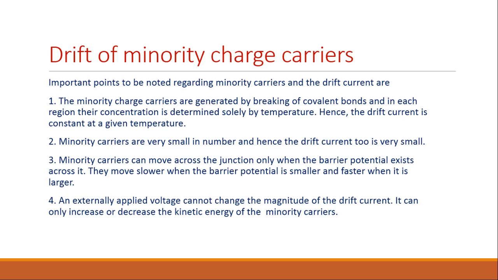Therefore, the voltage applied externally cannot change the magnitude of the drift current. It can only increase or decrease the kinetic energy of the minority carriers. How? If an externally applied voltage increases the width of the barrier, then the velocity and hence the kinetic energy of the minority charge carriers will increase, whereas if the externally applied voltage decreases the width of the barrier, then it will decrease the velocity or the kinetic energy of the minority charge carriers.